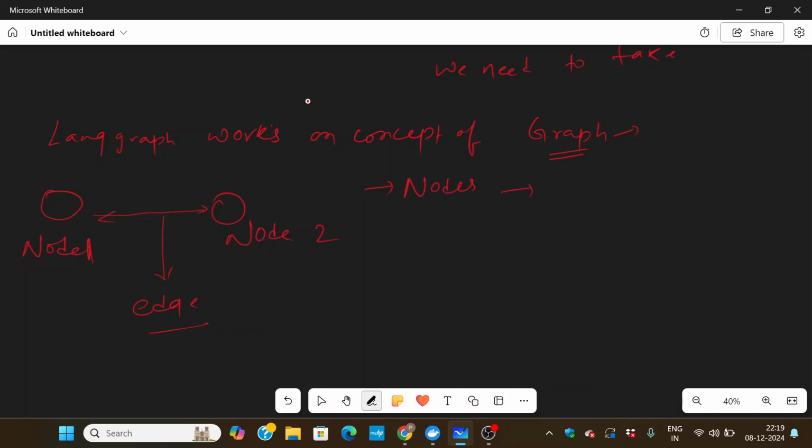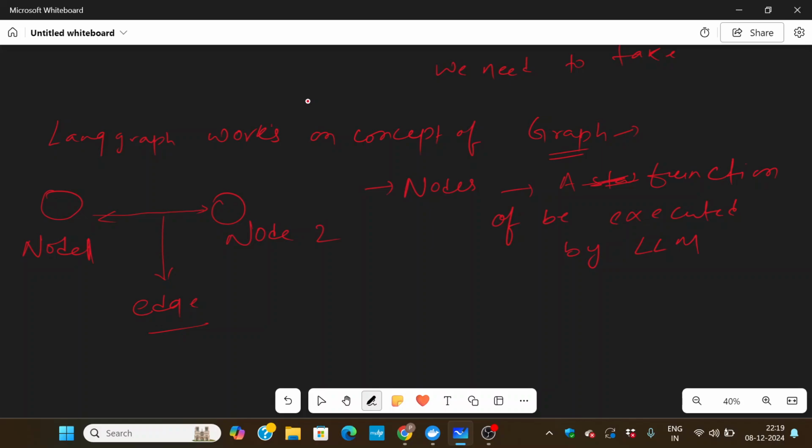So a node is nothing but a function to be executed by an LLM. Or let us say, you can define it as a function which can be executed by any large language model, or any basic function which you want to work upon.